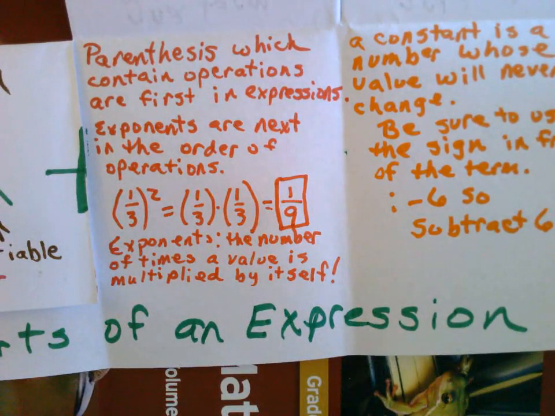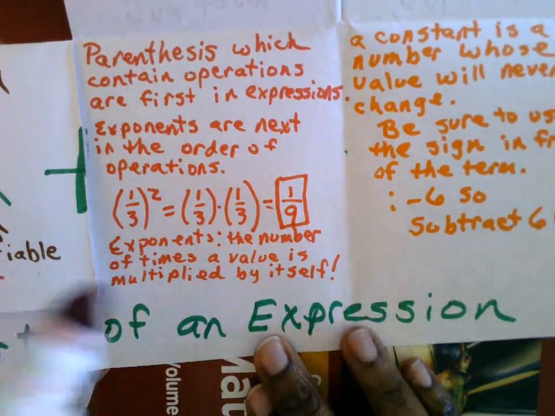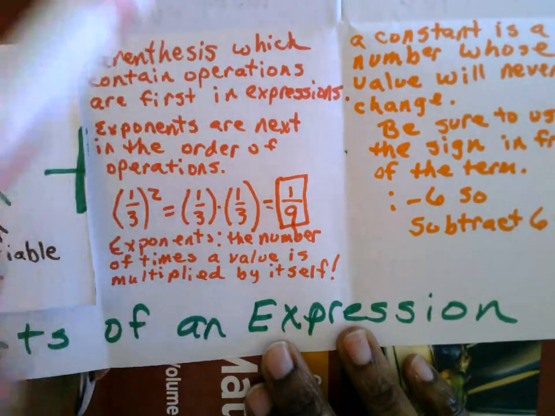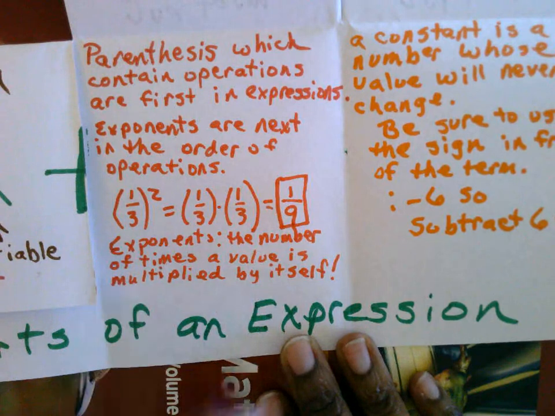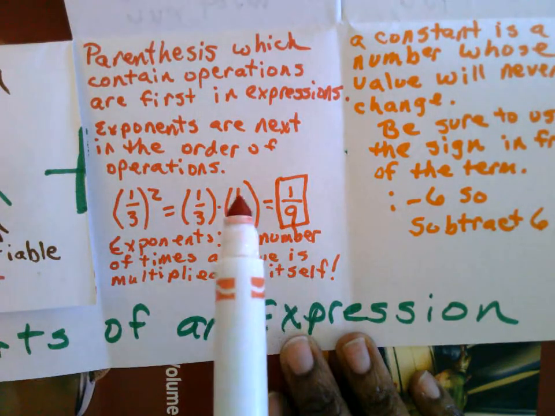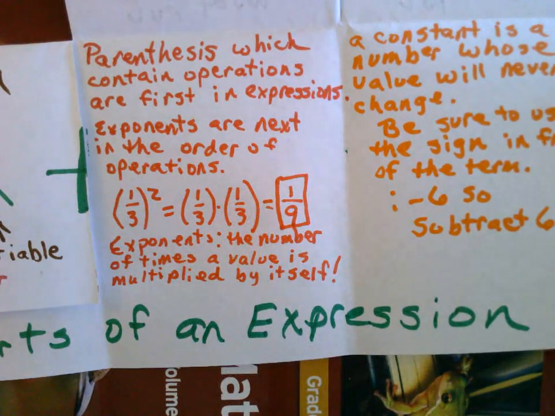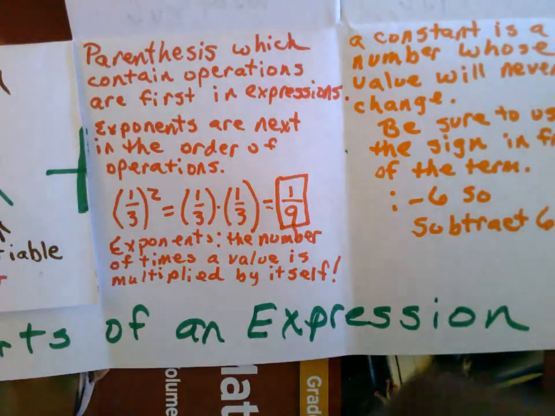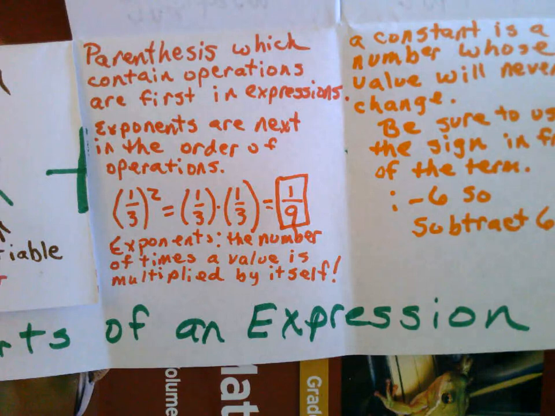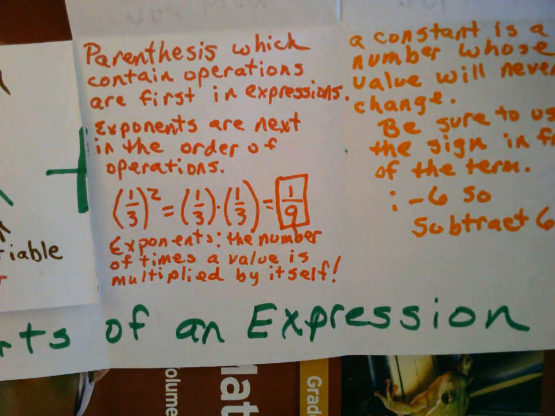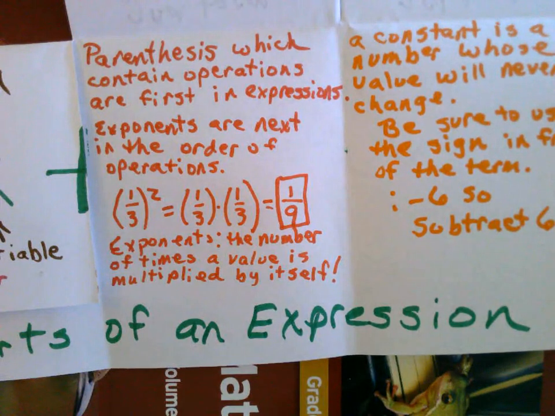All right. So the second term is equivalent to 1/9. And the third term is a constant, so it stays the same, which is -6. Let's move to the first term. All right, hold it. So a classic mistake is indeed thinking that (1/3) squared is 2/6, which reduces back to 1/3.